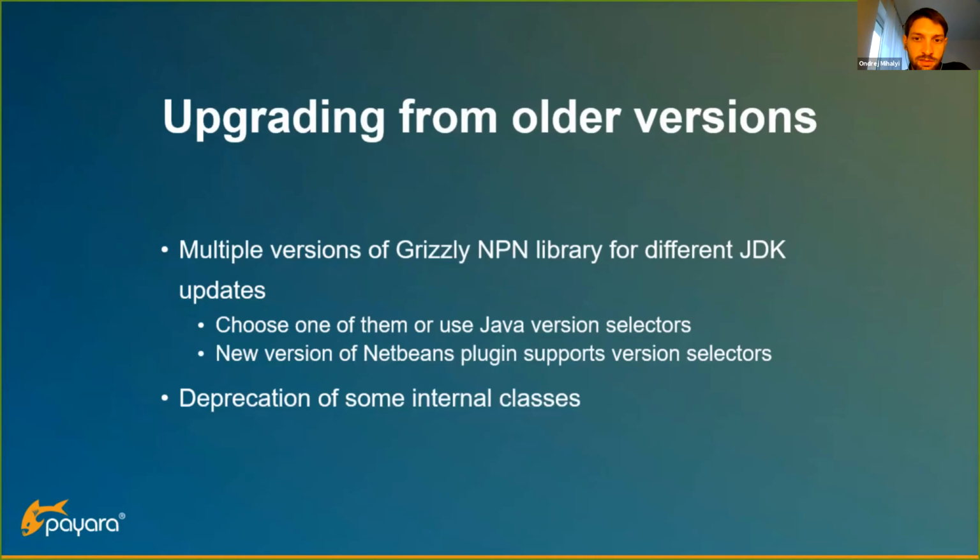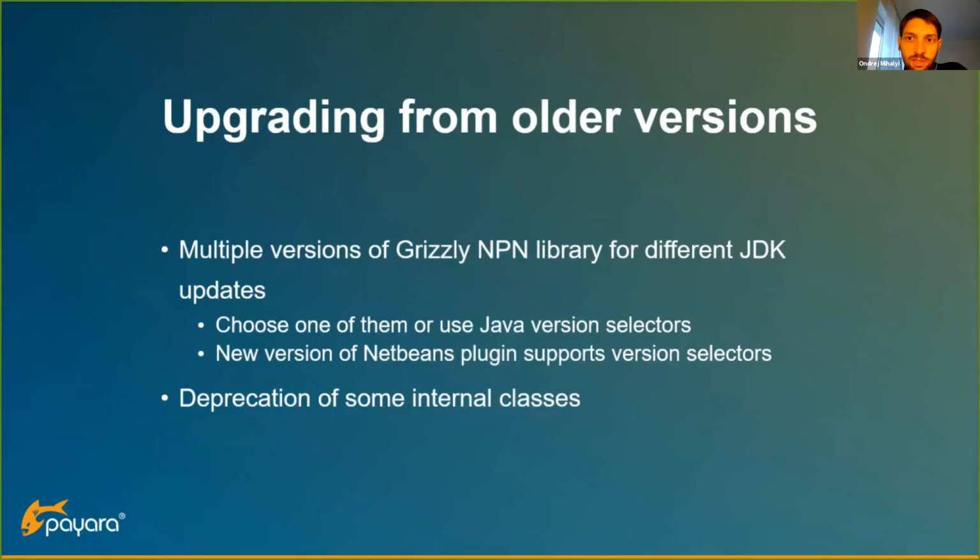There are some slight issues in the IDEs that come from using the version selectors in the configuration, and we needed to update the NetBeans plugin to work with these.